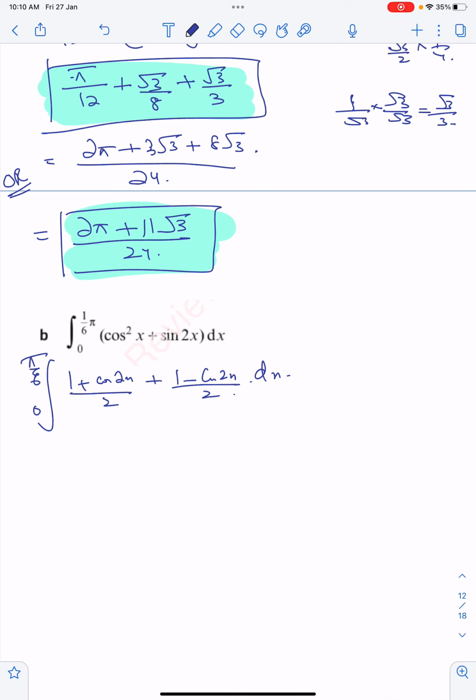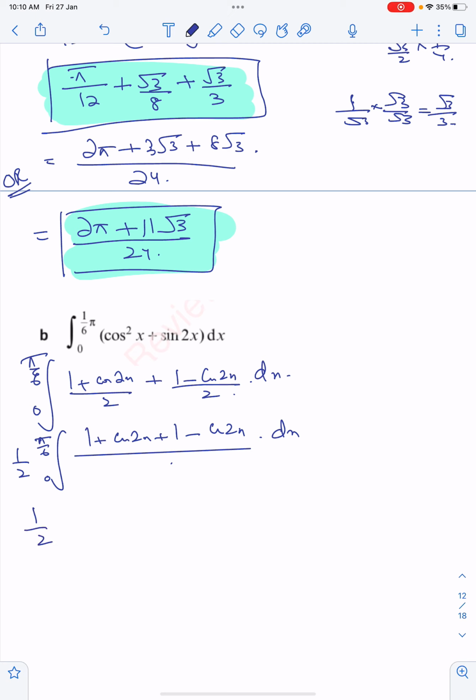If I take out 2 as common, or 2 as the LCM, I'll be left with 1 plus cos of 2x plus 1 minus cos of 2x, dx. This 1 upon 2 I'm taking out as common here, with the boundaries pi by 6 and 0. Now I'm going to start with the integration process.